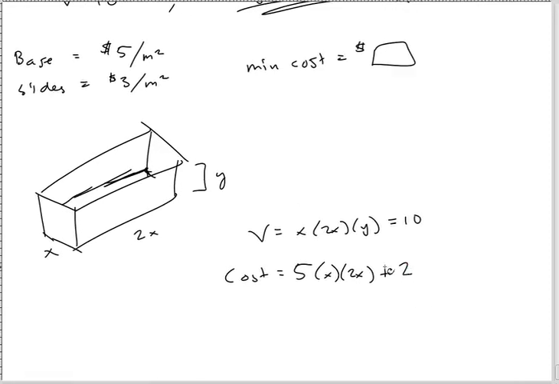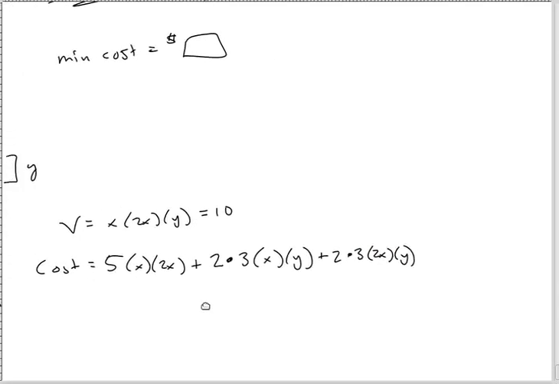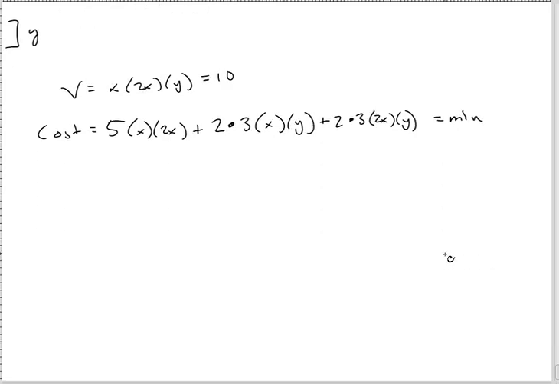We got 2 small sides, an X times a Y, $3 each. And then 2 of the long sides, $3 each per square meter, 2X times your Y. And that cost is what we're supposed to minimize.